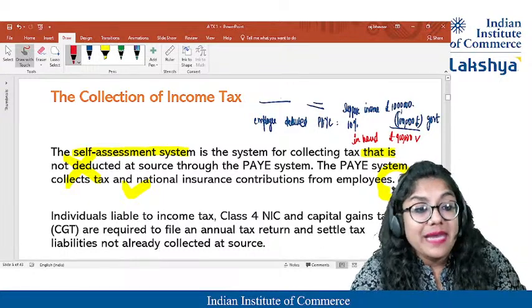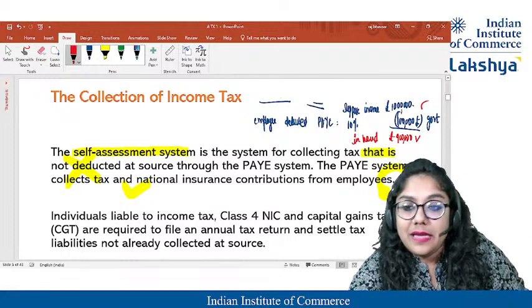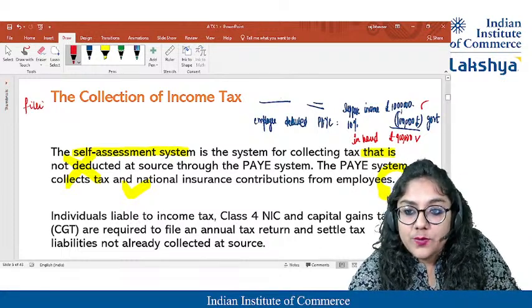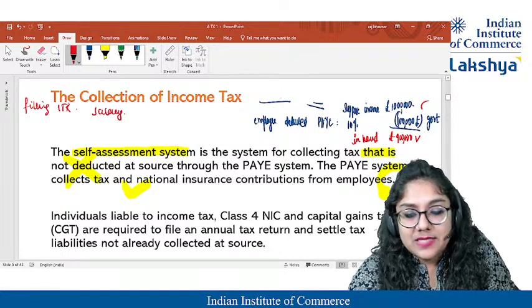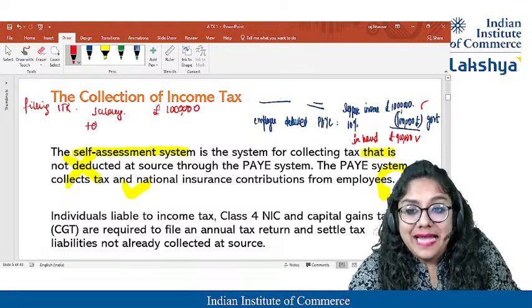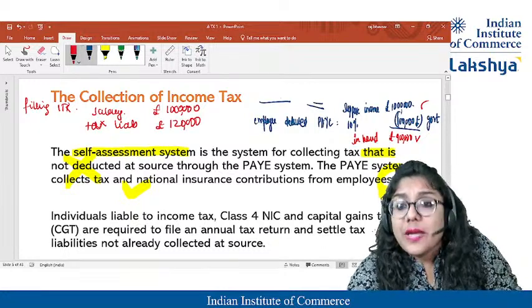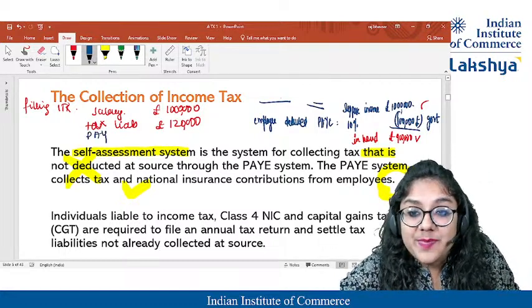If already my 1 lakh has been deducted and contributed to the government, what happened? Let's say I was filing the ITR return. I wrote, okay, my salary is 10 lakhs. My tax liability turned out to be, let's say, pound 1 lakh 20. I got to know that already my TDS, my PAYE, has been deducted.